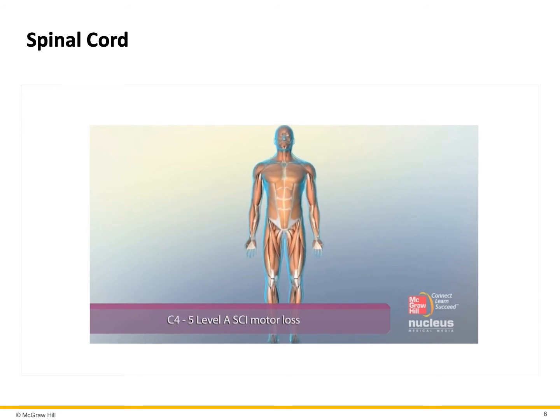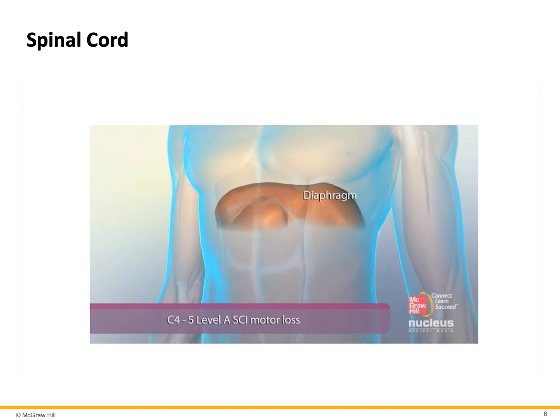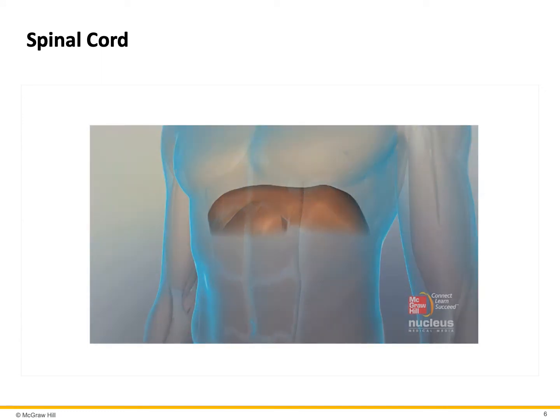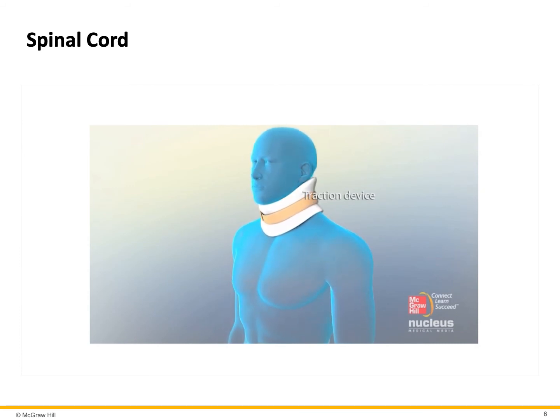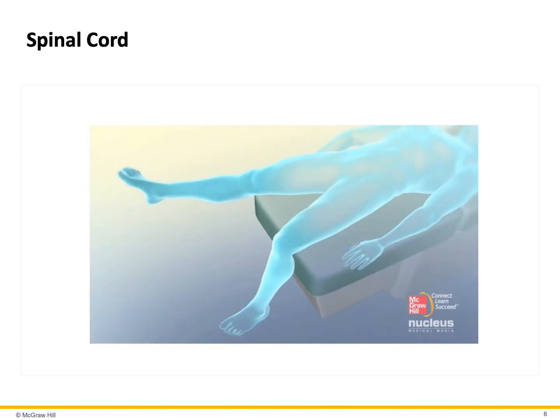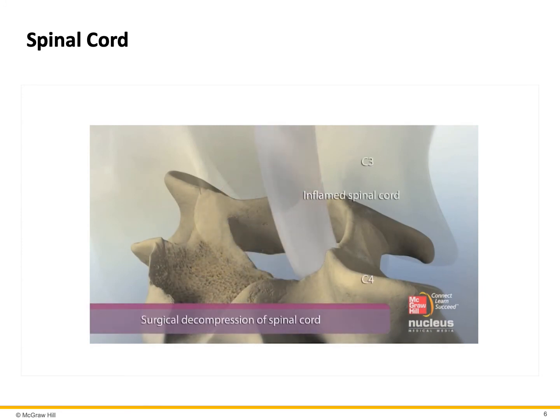Structures with no motor function may include the diaphragm, requiring ventilator respiratory assistance. Acute treatment for a C4 to 5 spinal cord injury includes stabilization of the spine, physical rehabilitation, or surgical decompression of the spinal cord.